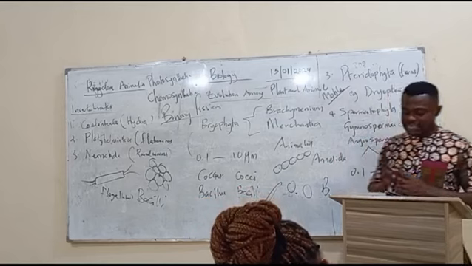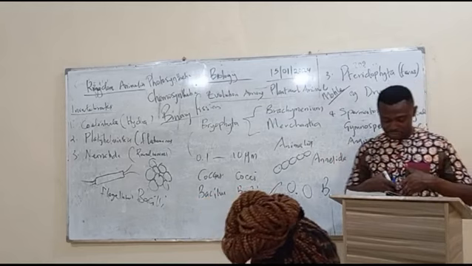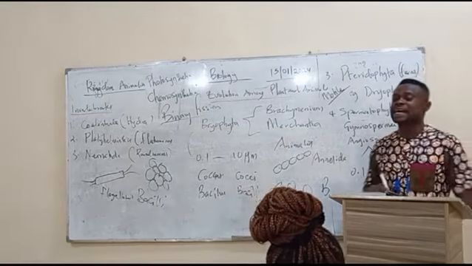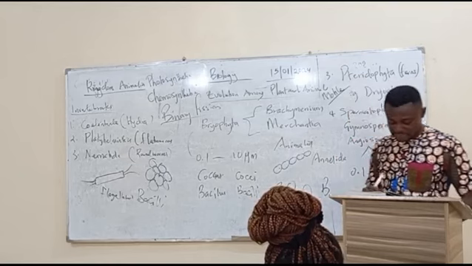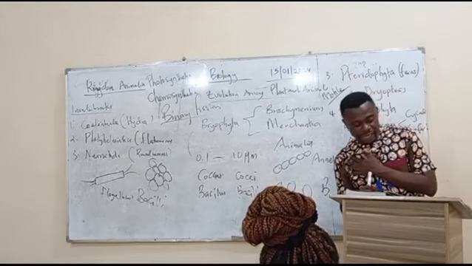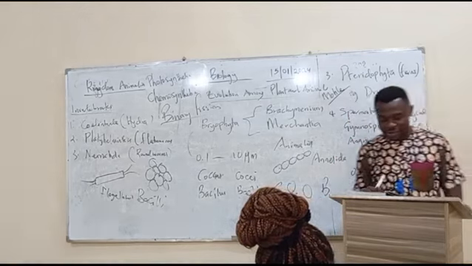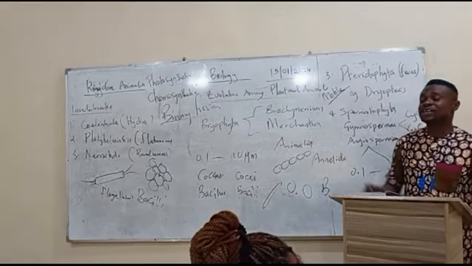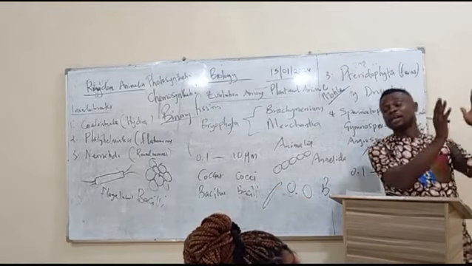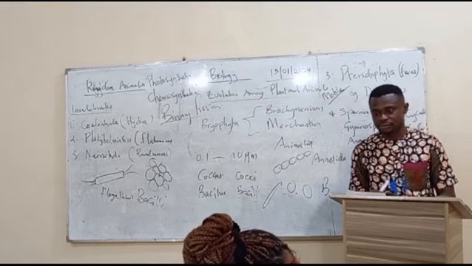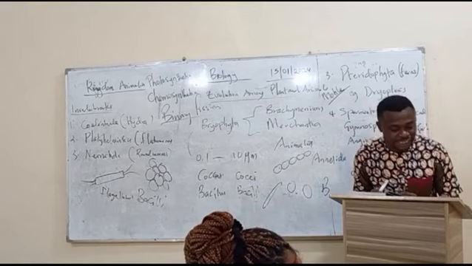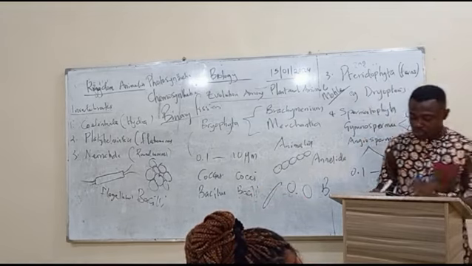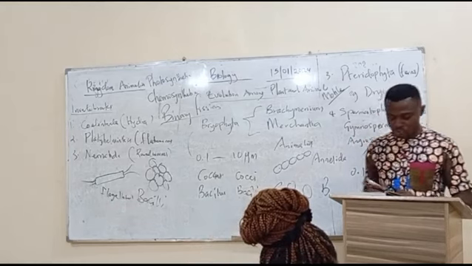So I said that most bacteria reproduce by binary fission, dividing into two daughter cells that are identical to the parent cell. So this is a type of asexual reproduction. Now the daughter cell will grow and keep dividing. It will also divide into two within a few minutes.